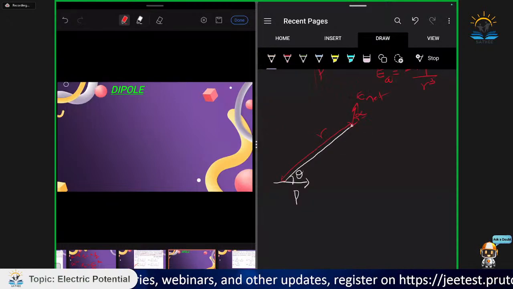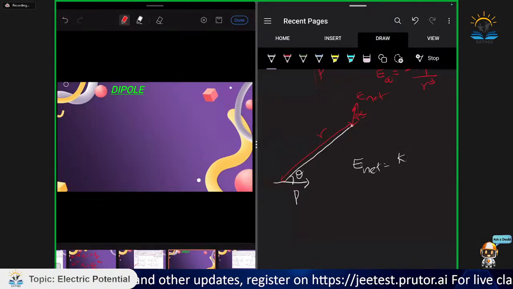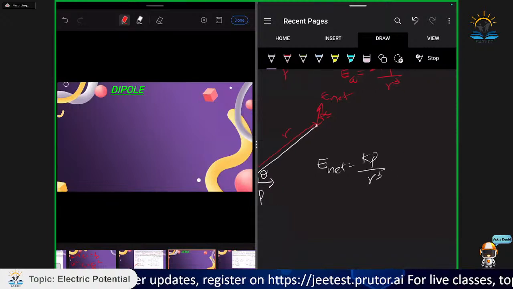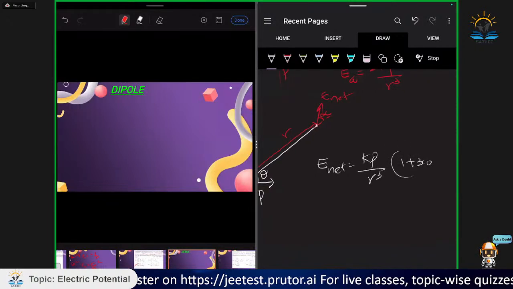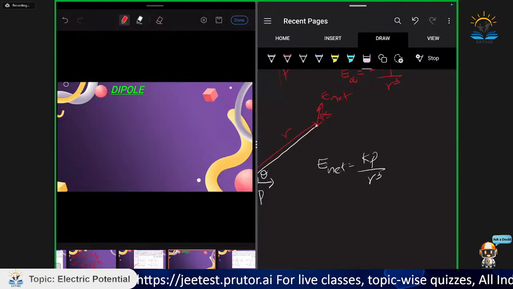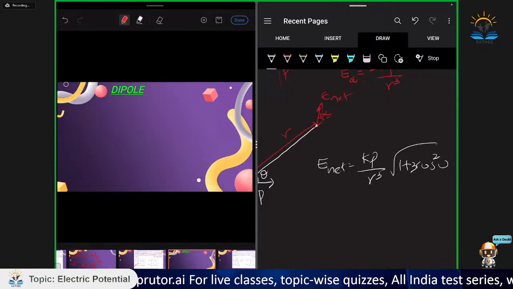The formula is E net is equal to kp by r cube into root of 1 plus 3 cos square theta.